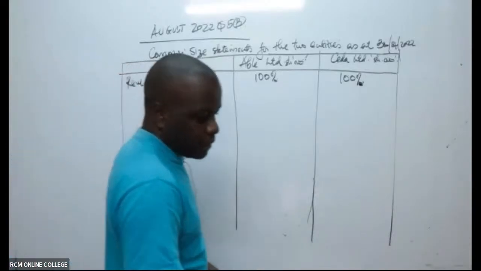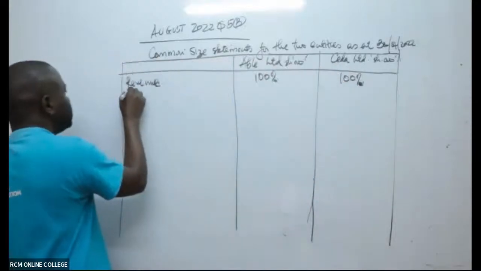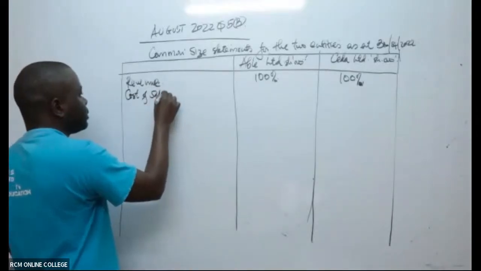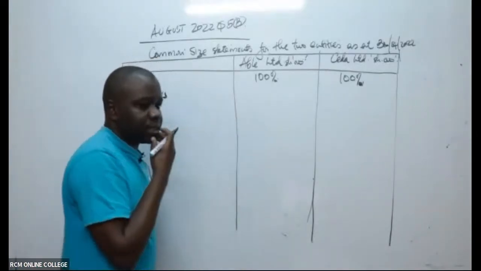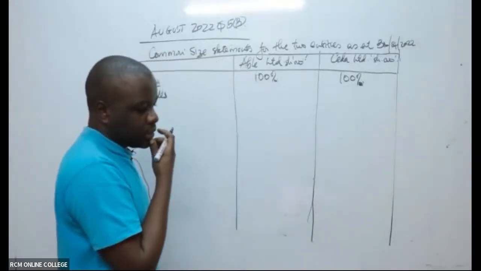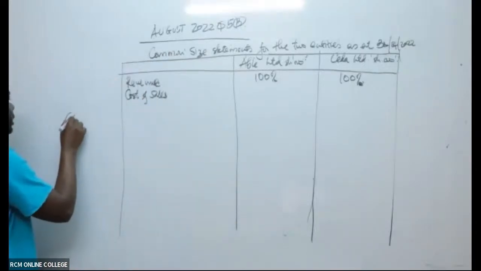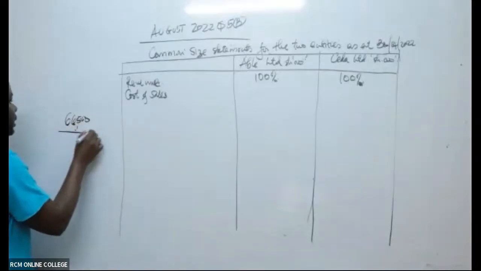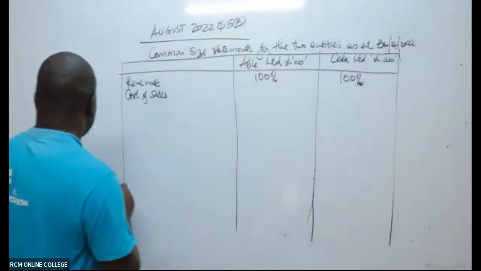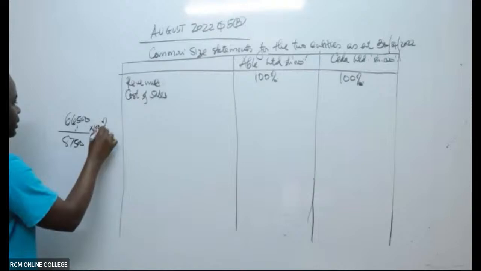So we have our cost of sales. You can get the cost of sales in terms of percentage. In this case, you do your computation: 66,500 divided by the sales, which is the base, that is 87,500, then you multiply by 100%.